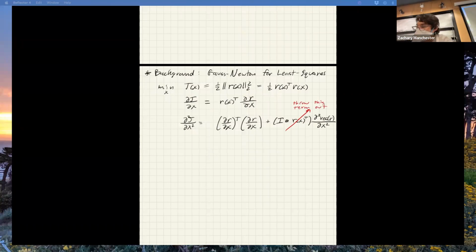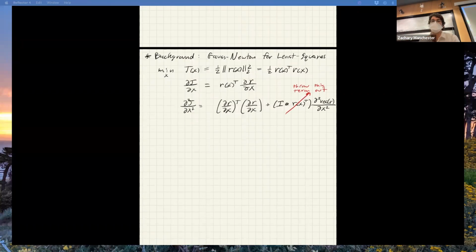Okay, so my Gauss-Newton step is going to look like this. The Newton step would be this, and we're going to approximate it as just the first term.